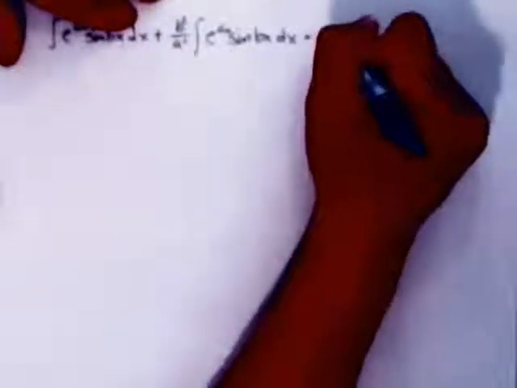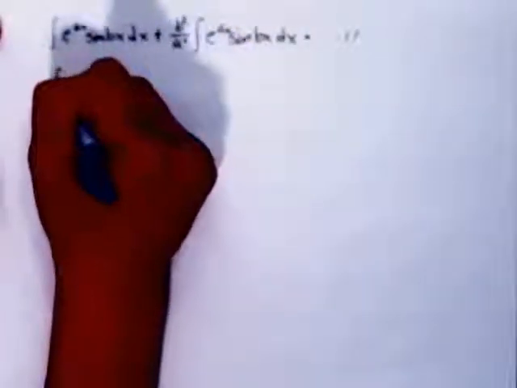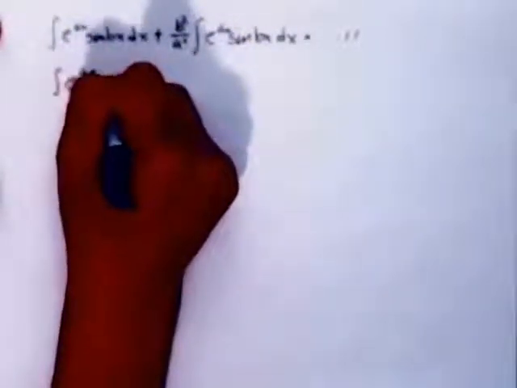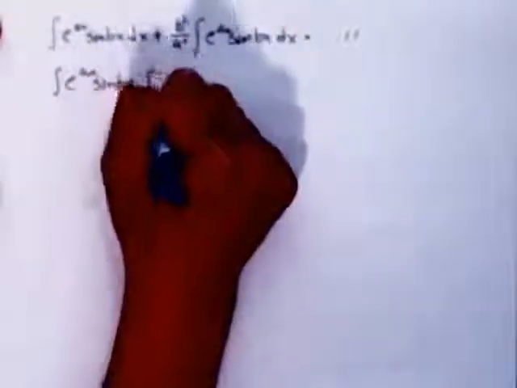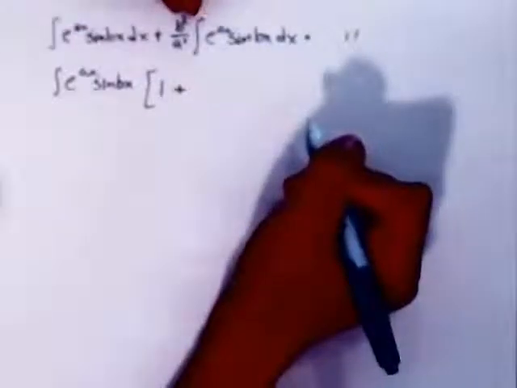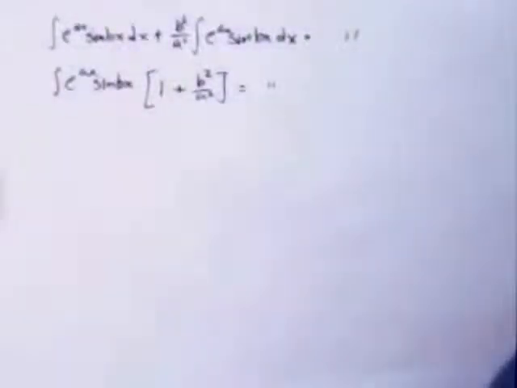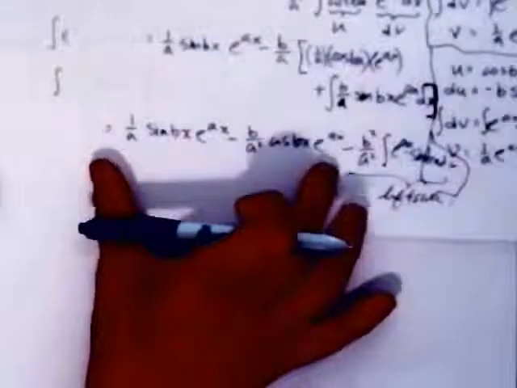I don't care about the right side, I can rewrite that a little bit later. So when I factor it out, it becomes integral of e to the ax sine of bx, and then I'm going to have one of these left, plus b squared over a squared, equals whatever the right side was. I'm going to refer to it back here, that portion right there. That's the right side.